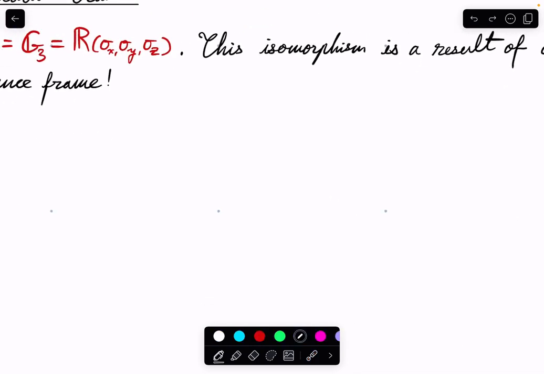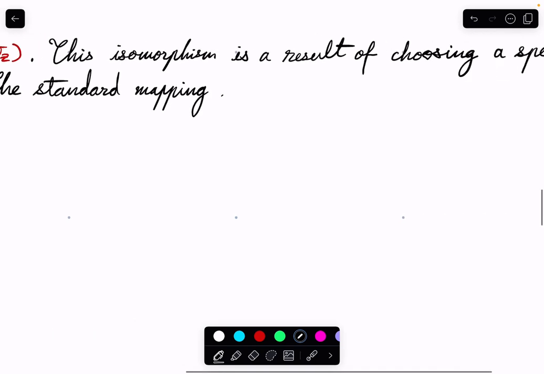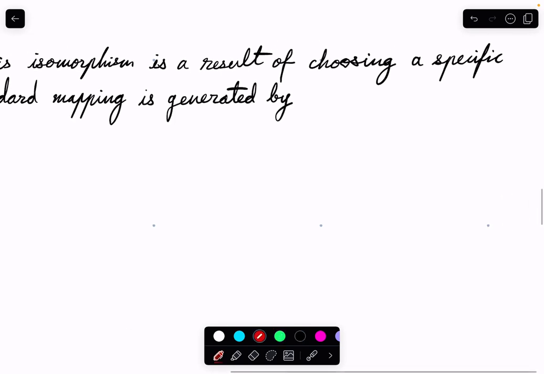The standard mapping is generated by this right here.